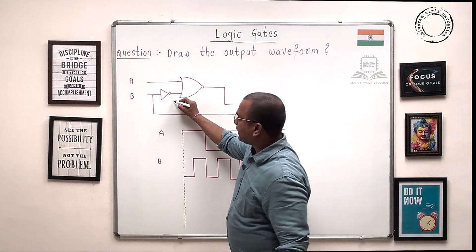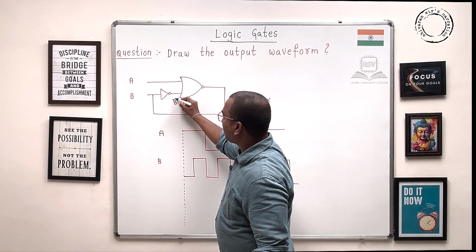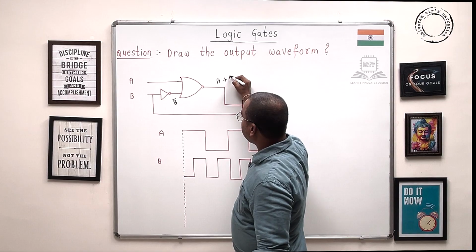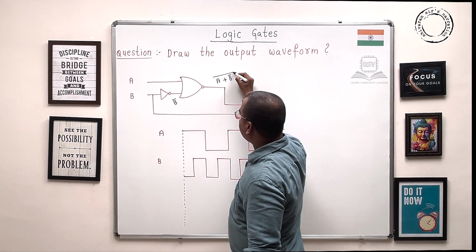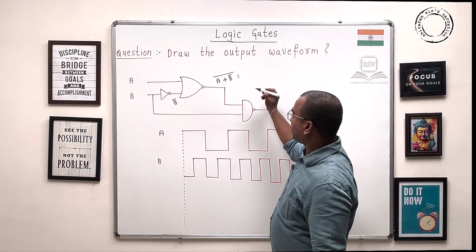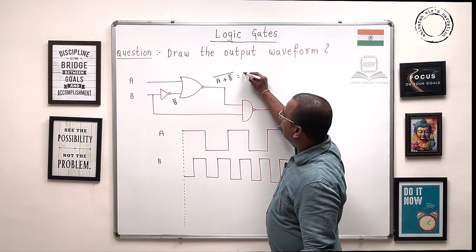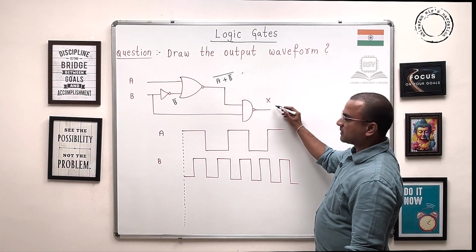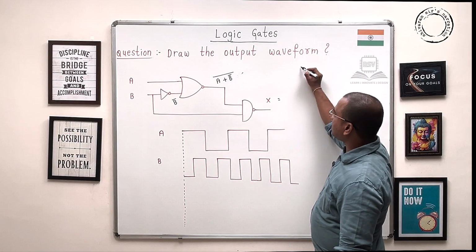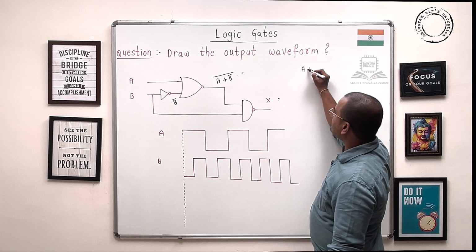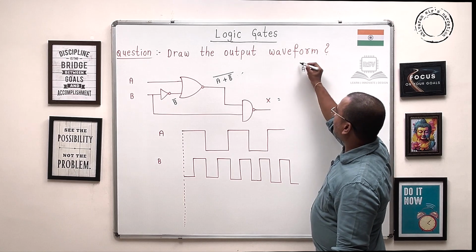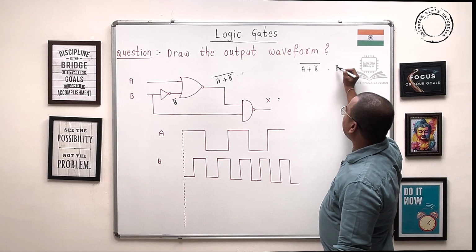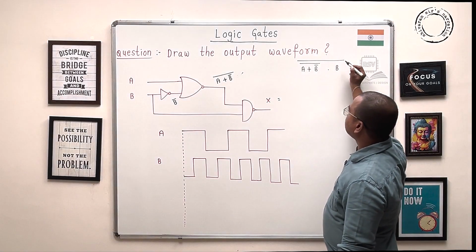Let's find out that. B bar. Therefore, this is (A plus B bar) whole bar. Now, let's keep it as it is, we will do it at the end. Now this is X, the output. X is (A plus B bar) whole bar into B whole bar.